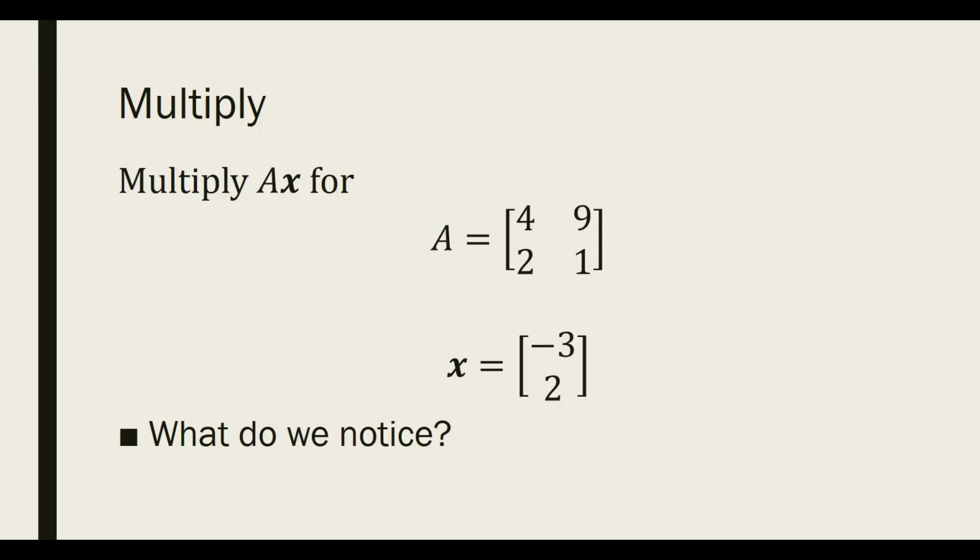So negative 3, 2 and 1, 4 are the two vectors I want you to multiply. Push pause on the video and go ahead and do that. All right, so hopefully you did both of those.